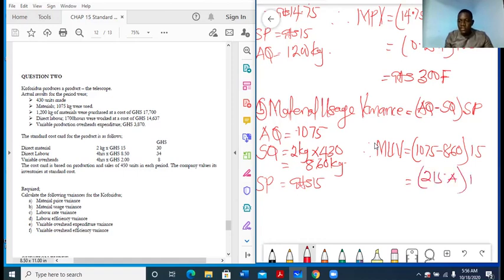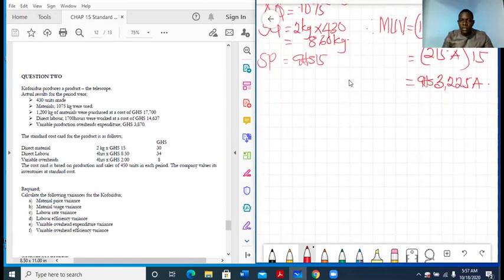At 15 cedis, 215 times 15 gives 3,225. So we have 3,225 cedis adverse. Good.